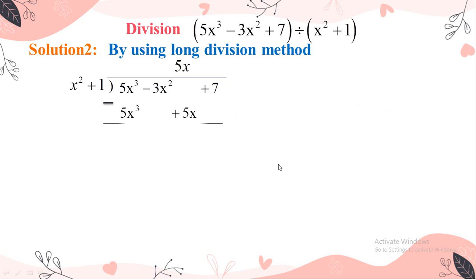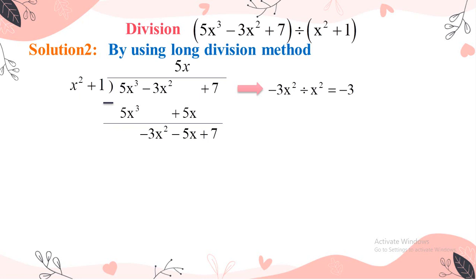So, we bring down negative 3x^2 and negative 5x plus 7. Then, negative 3x^2 divided by x^2 is equal to negative 3.